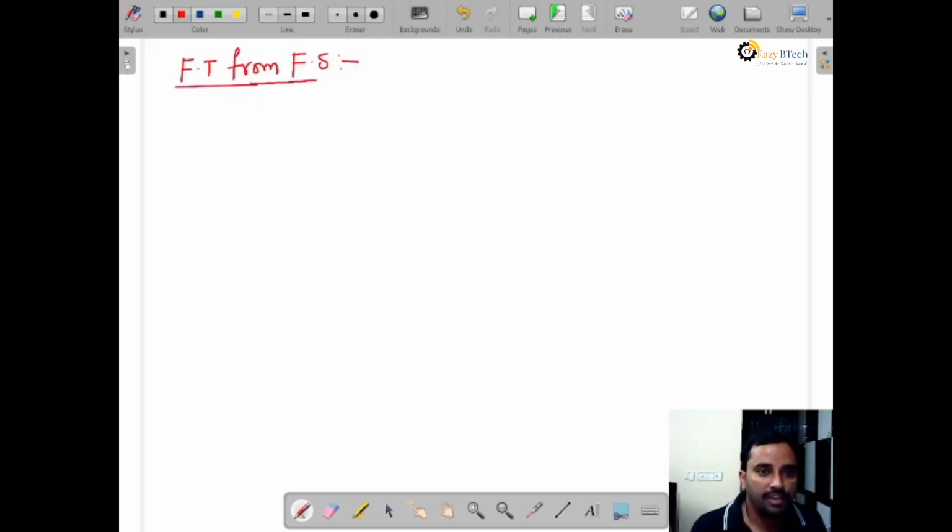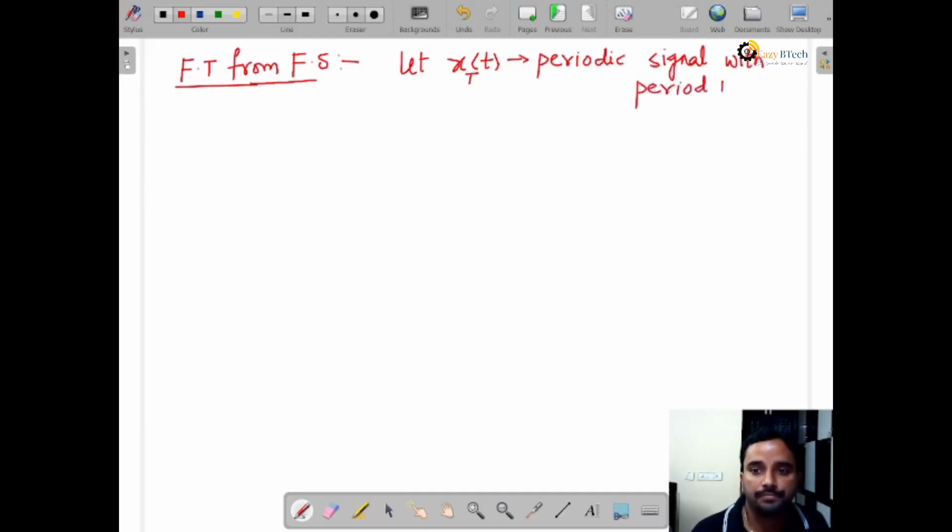First I will take a periodic signal. Let x of t be a periodic signal with period capital T. How to represent a periodic signal?